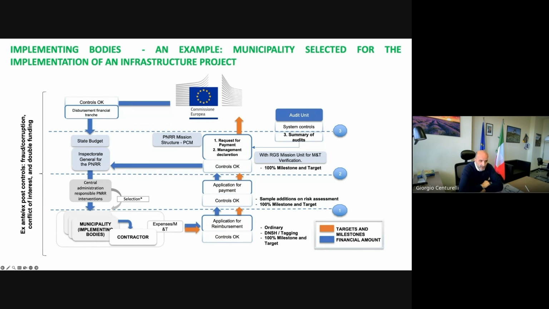an accounting process. This accounting process is divided in two different flows. The first flow is the financial flow, because the project needs to have financial resources in order to complete the relative implementation.